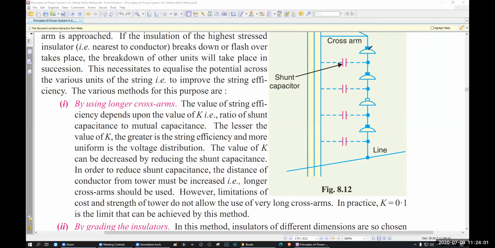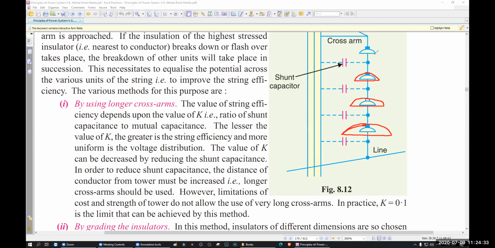So this insulator will be smaller. This disc will be a bit bigger. This disc will be much bigger. And this one will be the biggest. So small, a bit bigger, and the most bigger, or biggest, I should say. The biggest one, this one.